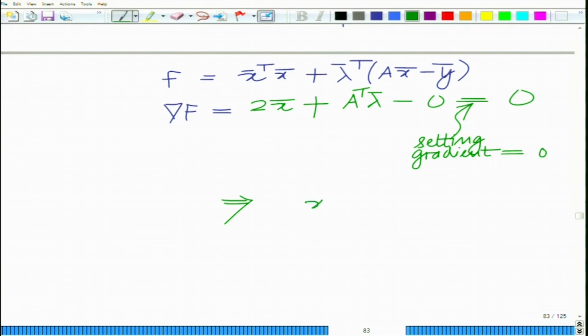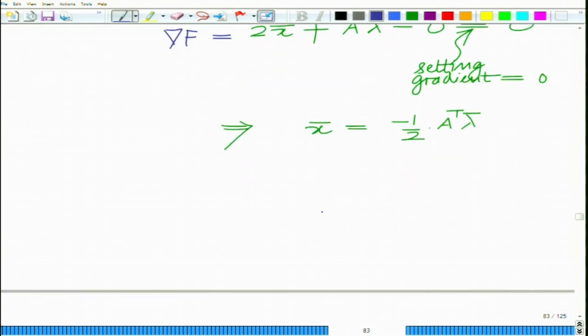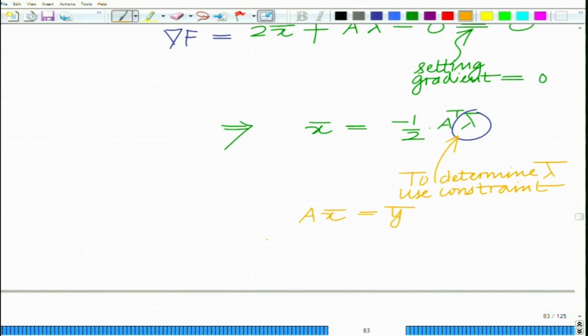This implies that x bar equals minus half A transpose lambda bar. Remember, lambda bar is a vector, so I cannot simply manipulate it otherwise. How to determine lambda bar? Use the constraint. This is similar to what we have done. Remember, our constraint is A x bar equals y bar.